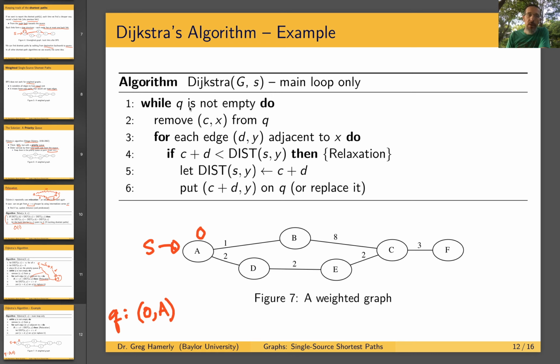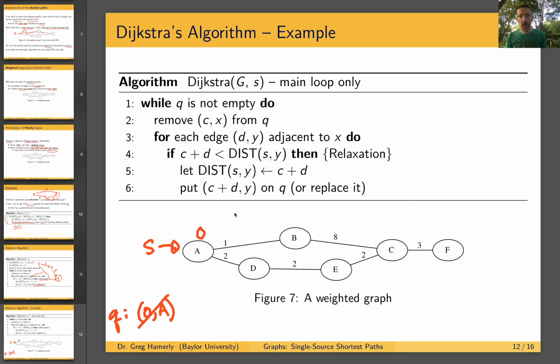Okay, so while Q is not empty, well, Q has that on it, so I'm going to remove c, x from Q. So c and x are 0 and A. So I remove those from the Q, and then I'm going to look at each of the edges going out from A, which go to B and D. So in this case, c is 0, and if I'm looking at B, then this cost d is 1.